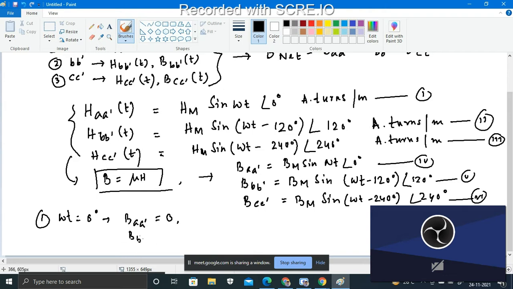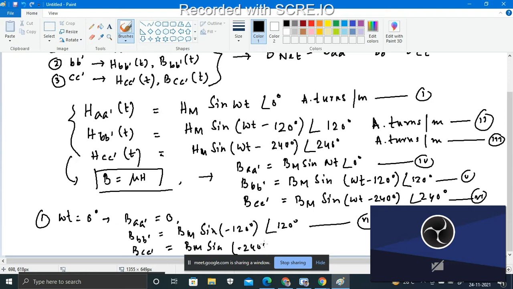We are finding B_B' equals Bm sine of minus 120 degree at an angle 120 degree. And we are also finding B_C' equals Bm sine of minus 240 degree at an angle 240 degree.